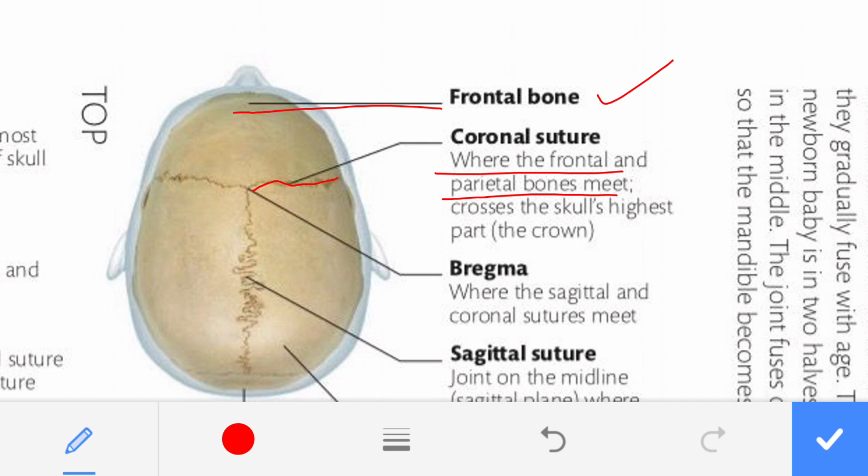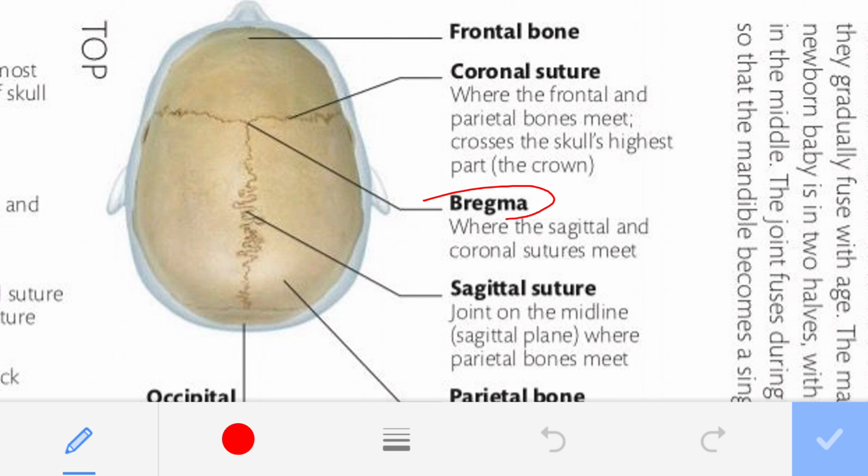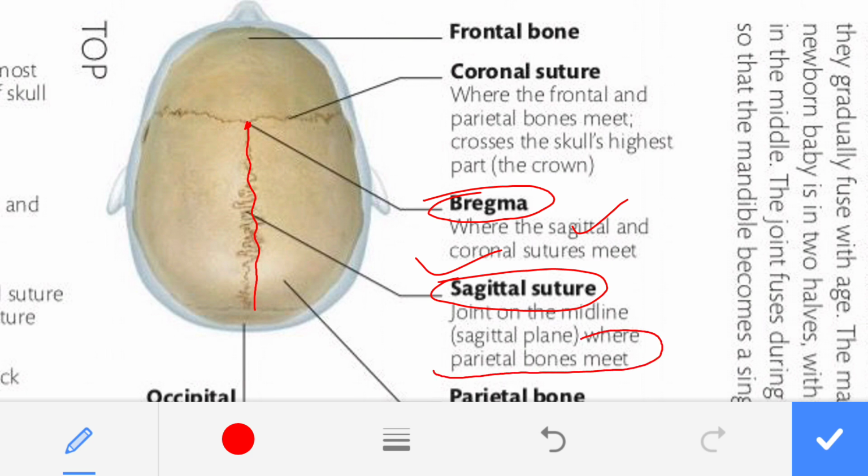Then this term, bregma. What is bregma? Where the sagittal and the coronal suture meet, that point is known as the bregma. For example, this is the bregma. Then this one is the sagittal suture, where the parietal bones meet.